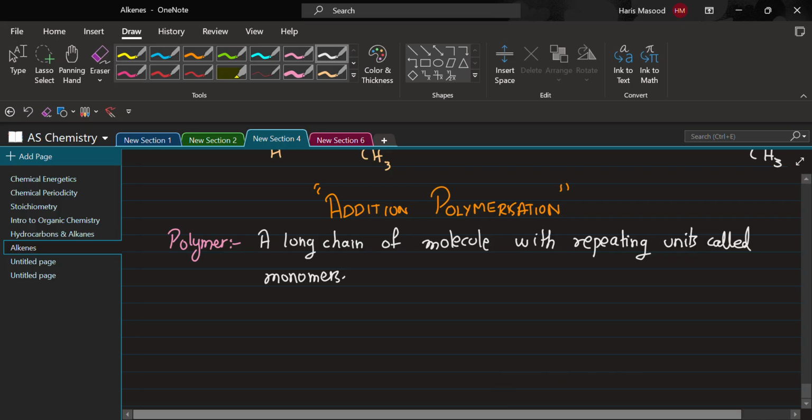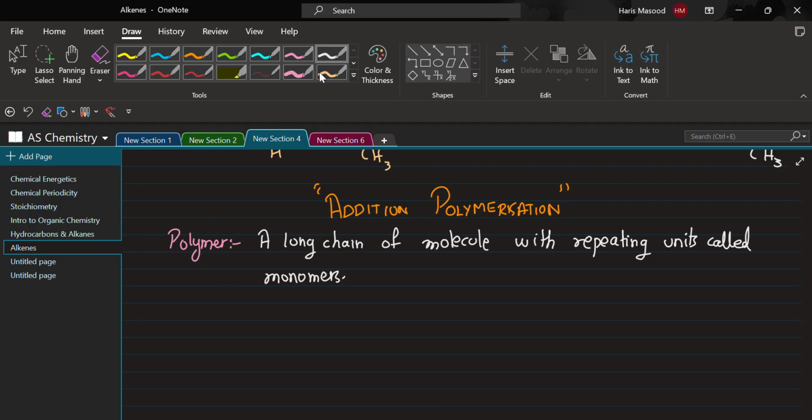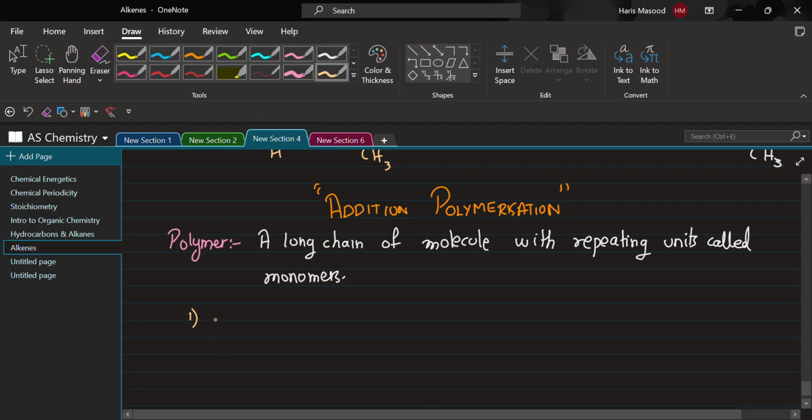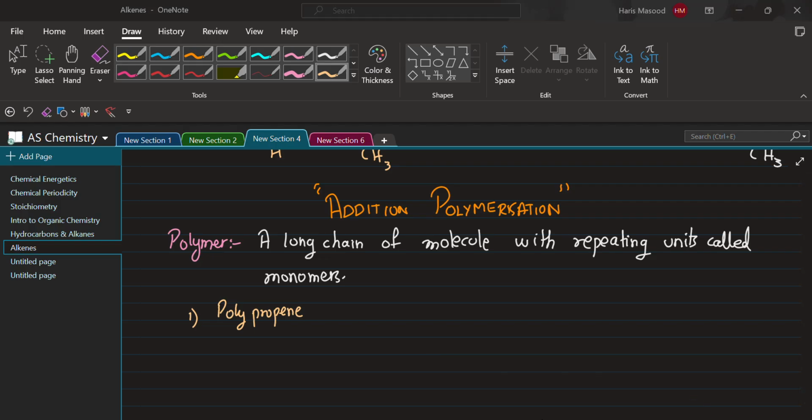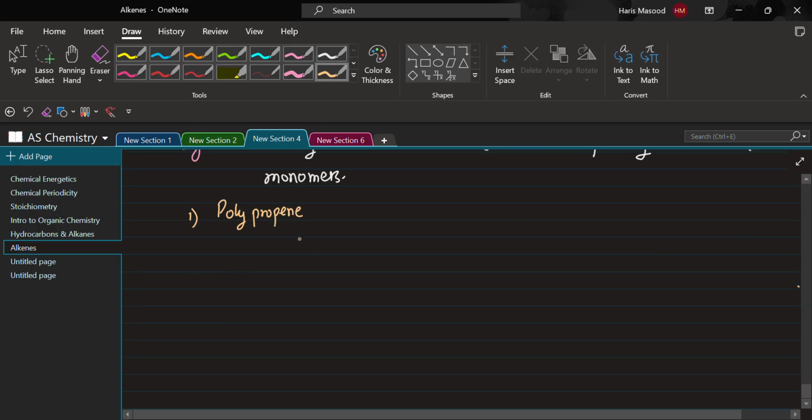Okay, so if I try to draw a polymer known as polypropene, polypropene is formed when you attach the monomers of propene together. Okay, so what usually happens is, now you need only the carbon double bonds. Okay, the rest will be attached like this.